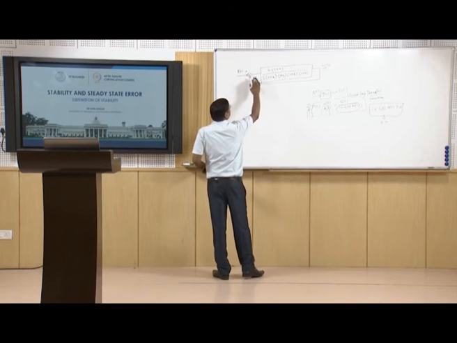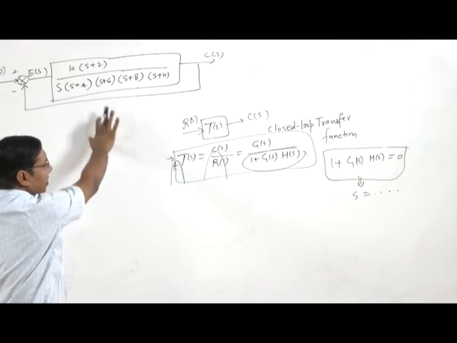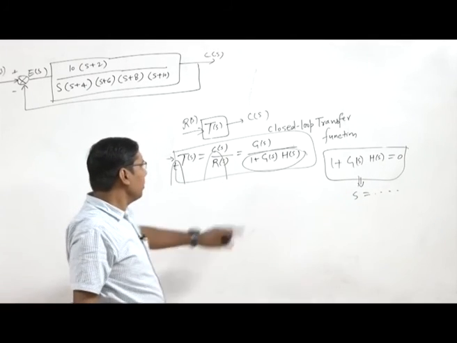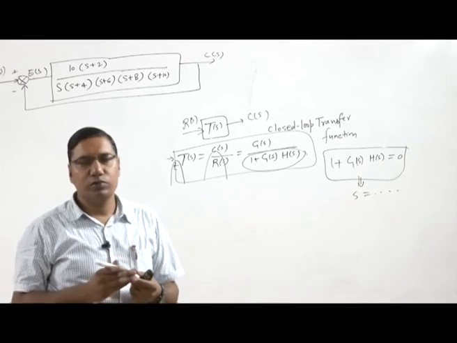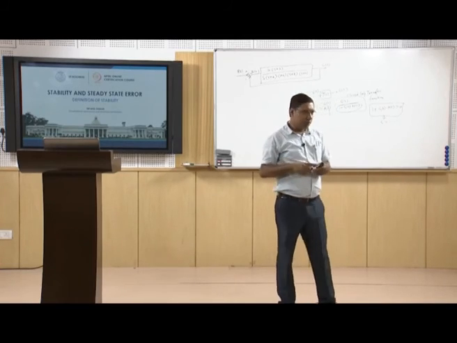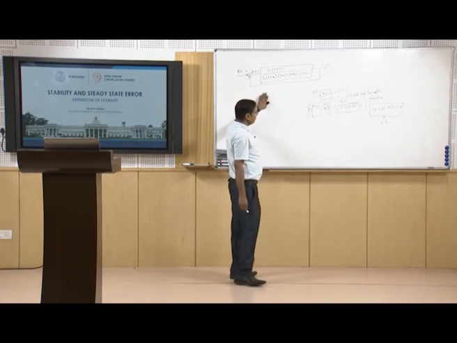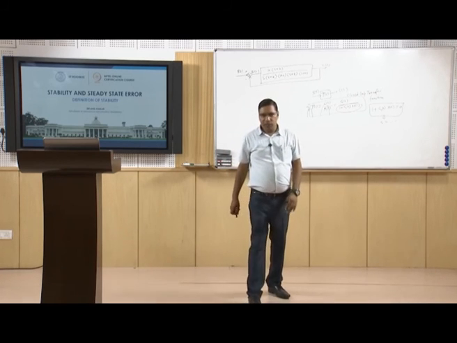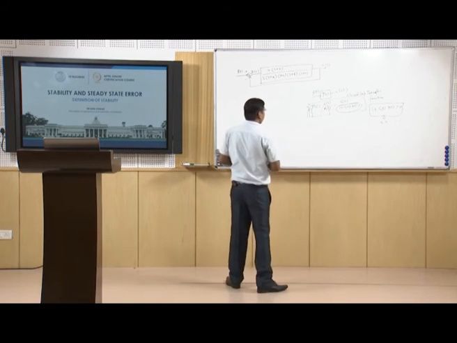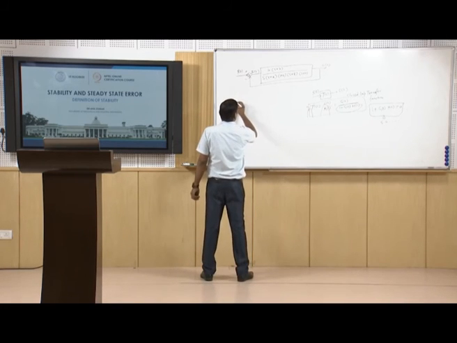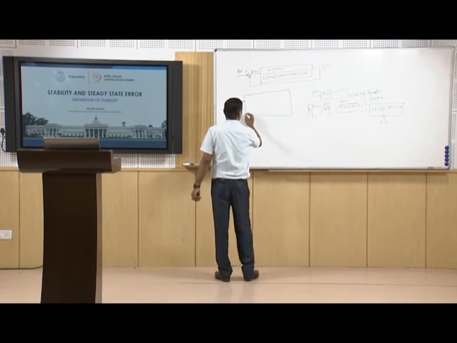So this is R(s), here is E(s), this is G(s), and H(s) is 1 if we compare to this. So we have to first convert, if we want to check whether the system is stable or not, we should calculate the poles. So we should convert this system into an equivalent system, and we can call that the closed loop transfer function T(s). So this should be a system like this.